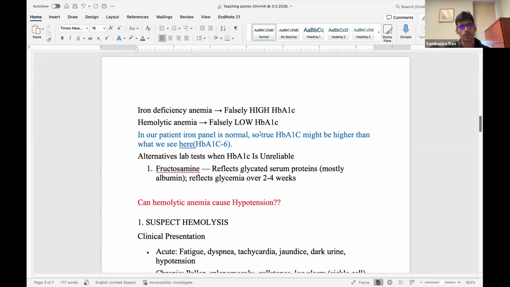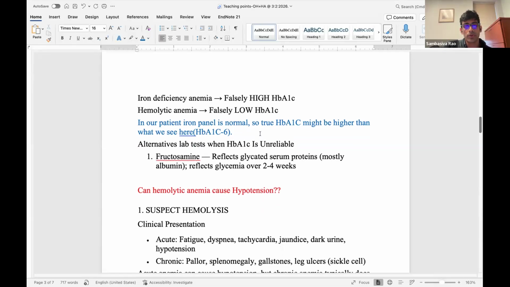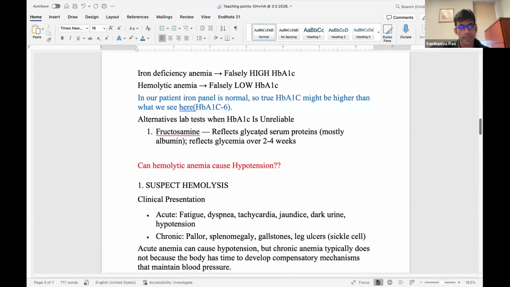In hemolytic anemia, you will have a falsely low HbA1c, which happened in our case because the patient has ongoing hemolysis, and the HbA1c of 6 is falsely low.